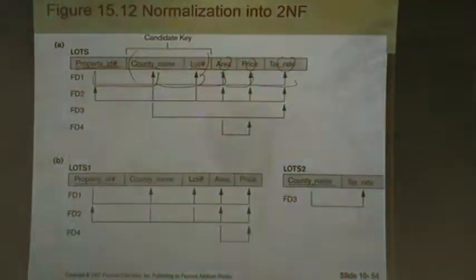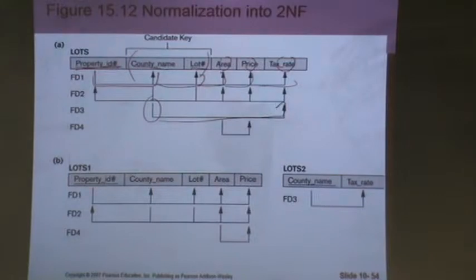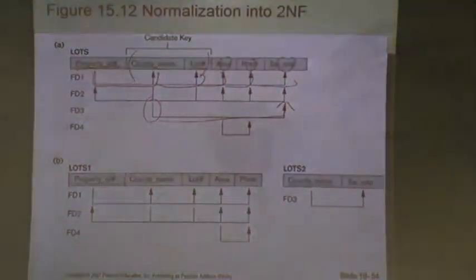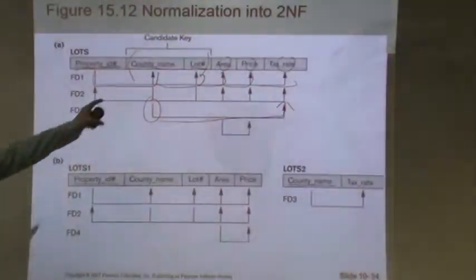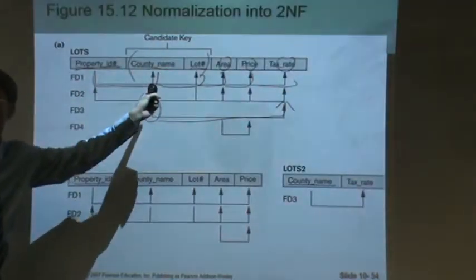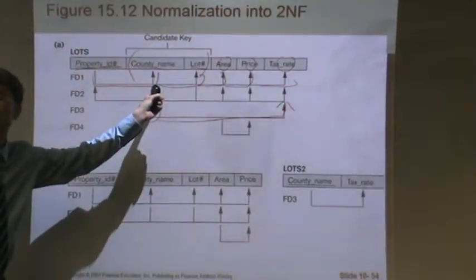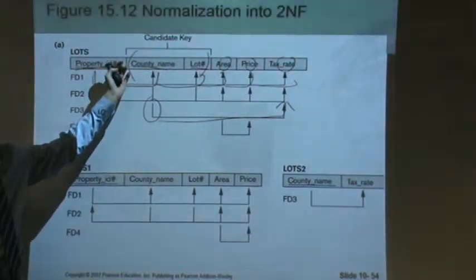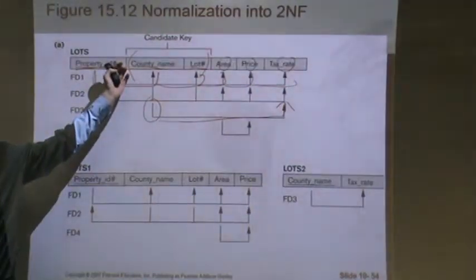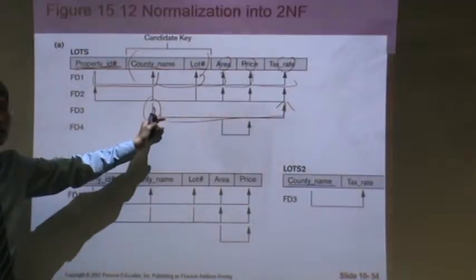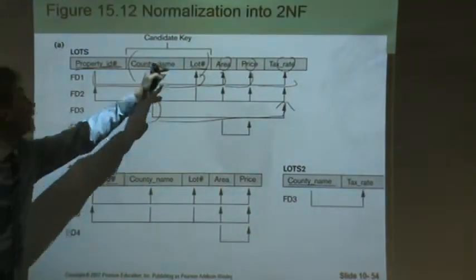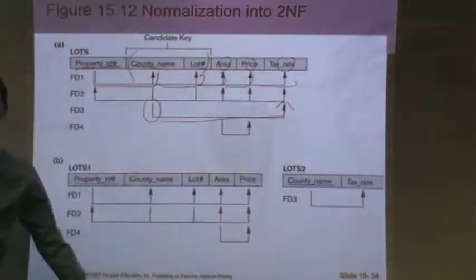However, county name determines tax rate. This is a partial dependency on a candidate key. Okay? Is this second normal form or not? It's not second normal form yet, because of functional dependency 3. This is a partial dependency of the candidate key. So what will be the solution?